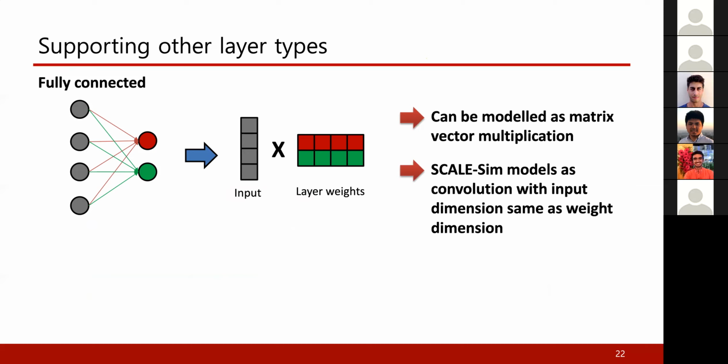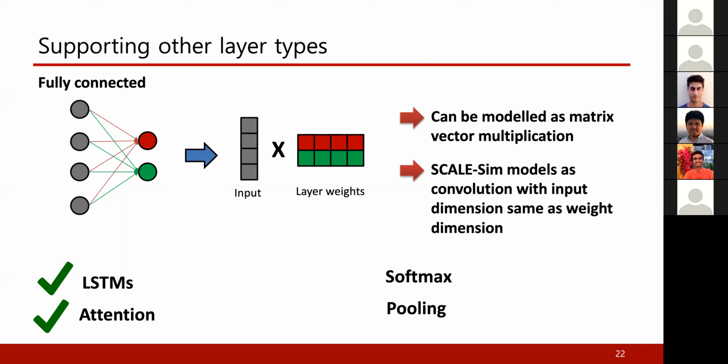ScaleSim internally models it as a convolution, whether you give it as a fully connected layer or another convolution. So it automatically converts into a convolution and then adjusts the dimensions for you. So things which can be formatted in this particular mold, like LSTMs or attentions, are supported.